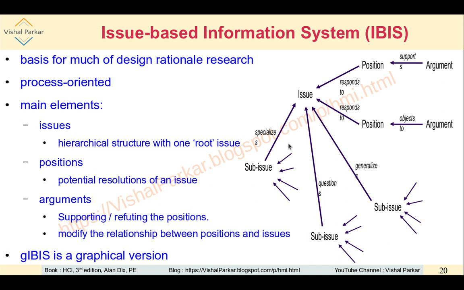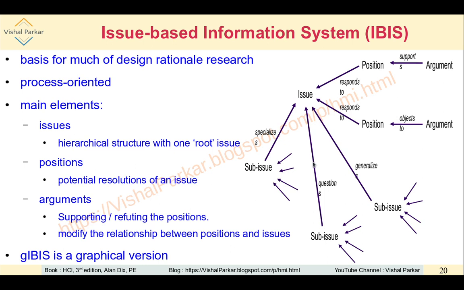Now there are positions, as can be seen here. Now positions are the potential solutions or resolutions for the issue at hand. For this particular issue, there are two possible positions, the resolutions we can say.